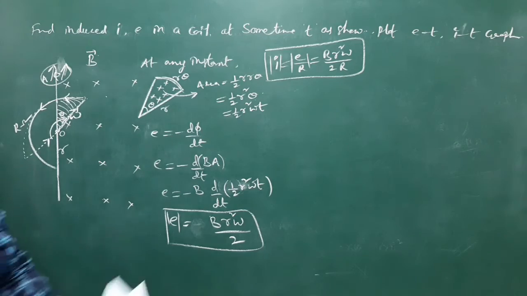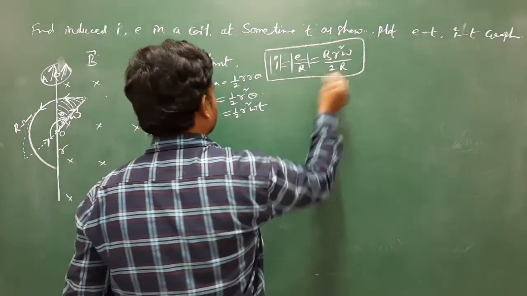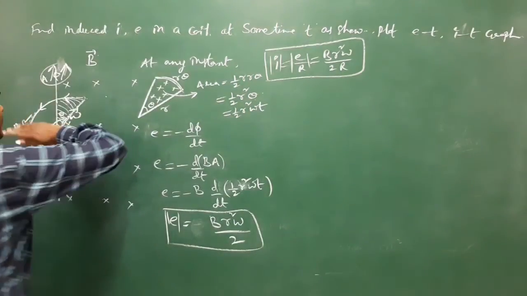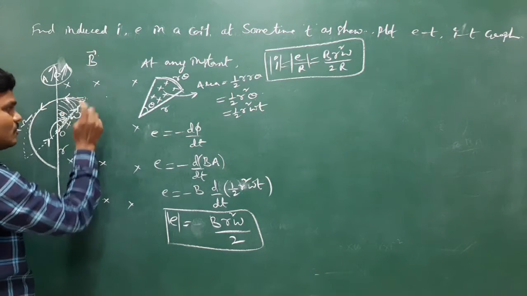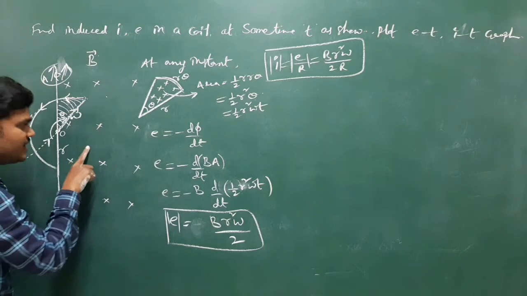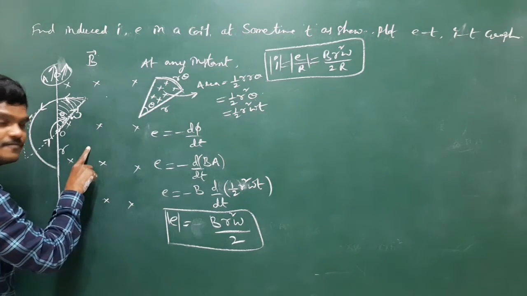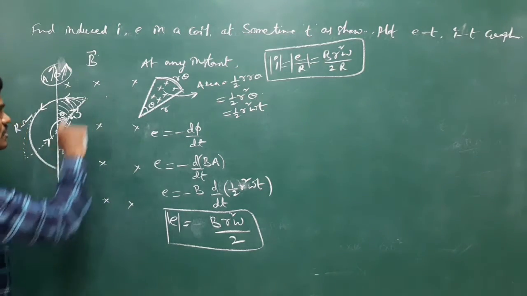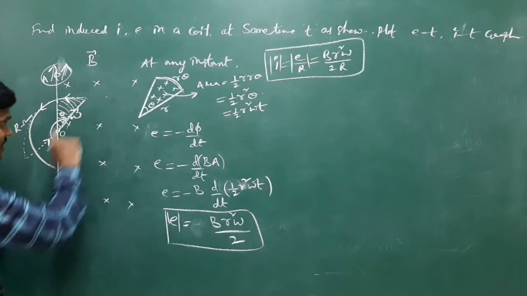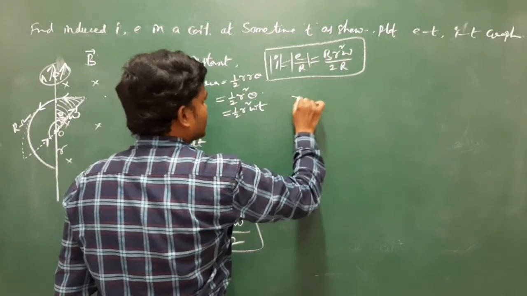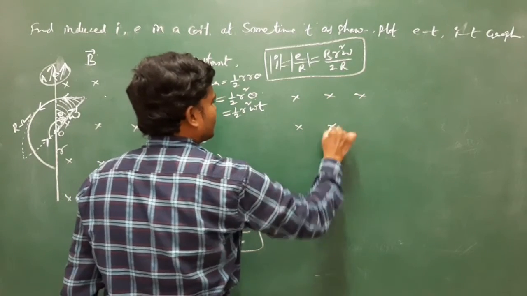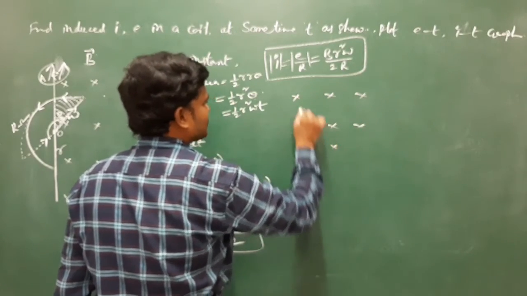See the next situation. First it enters and the flux increases. Once it is completely inside the field, the EMF and flux are zero. When this part comes out, let me draw some different positions.